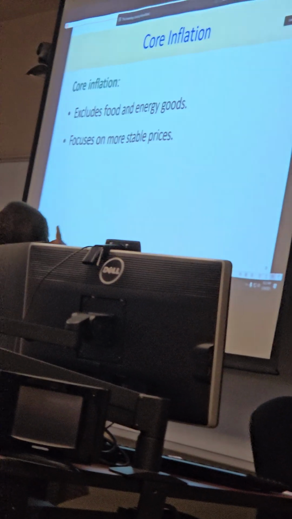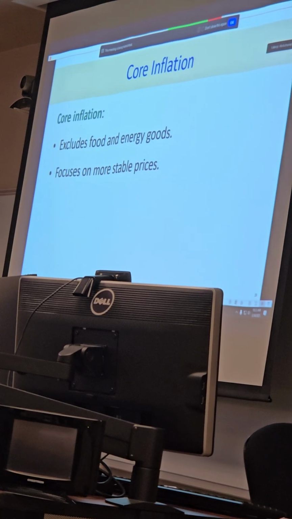This is just for us to understand, right? We have core inflation, which excludes food and energy. When they calculate the CPI, they have the market basket, remember? The market basket also includes food and energy, but food and energy fluctuate a lot. Right? They are not stable. So what the Fed does is they take food and energy out, and then calculate the inflation rate.